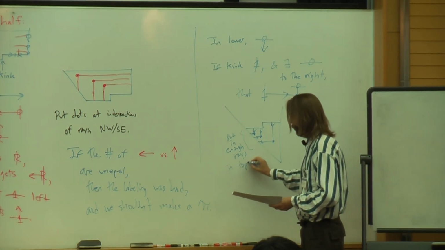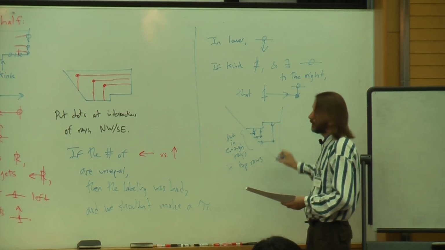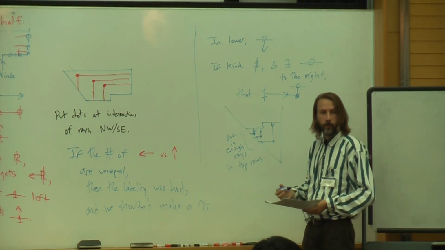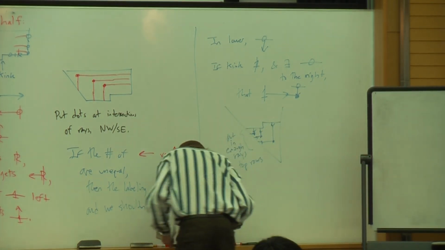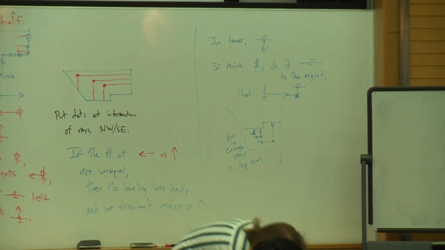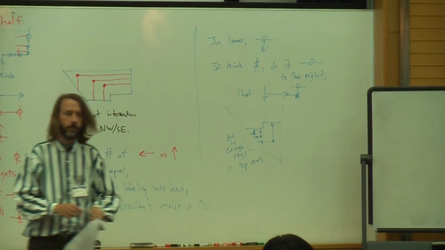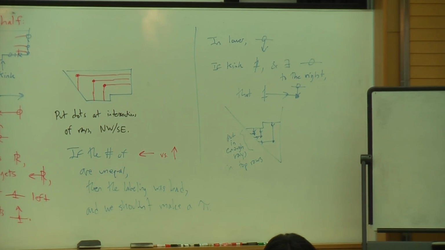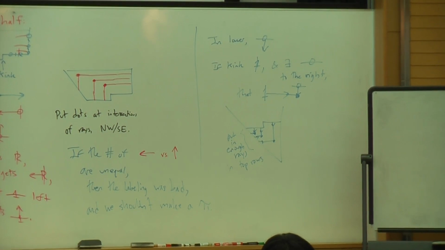And you put them in the top rows because I want the dots to be as high up as possible. So you'll of course get the southeast range of paths, but you also have one in the row. Yeah, it's okay to have one of that.